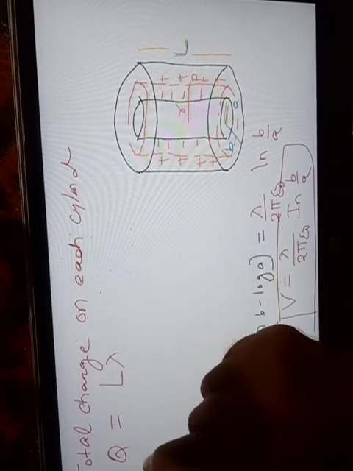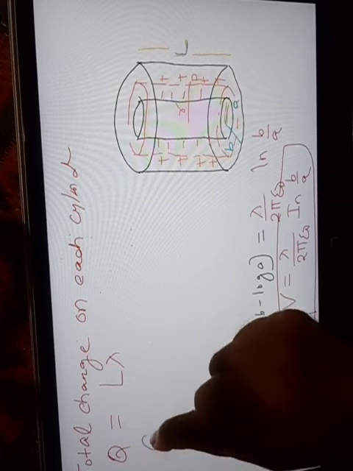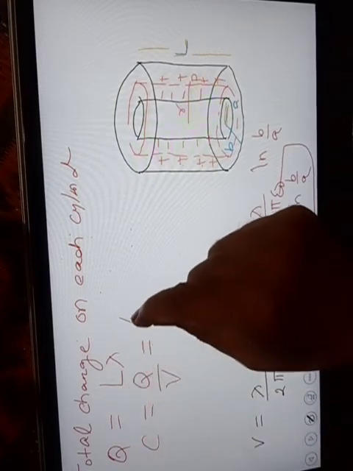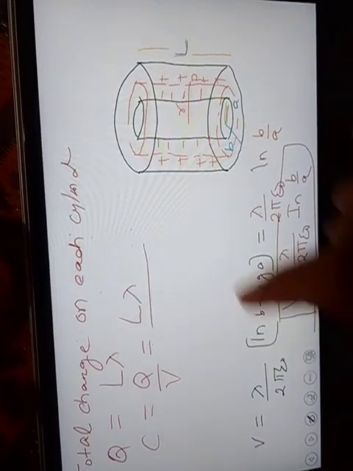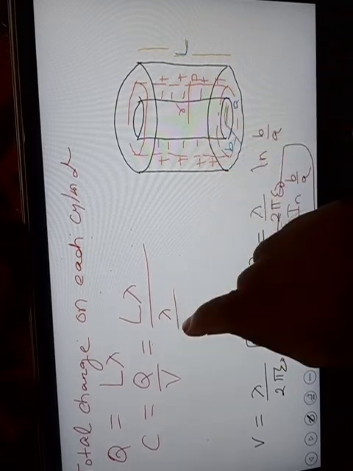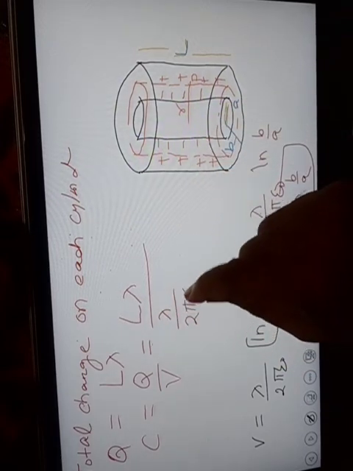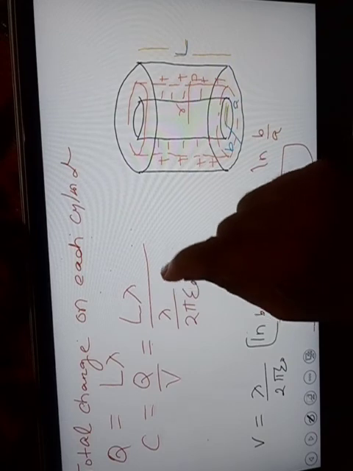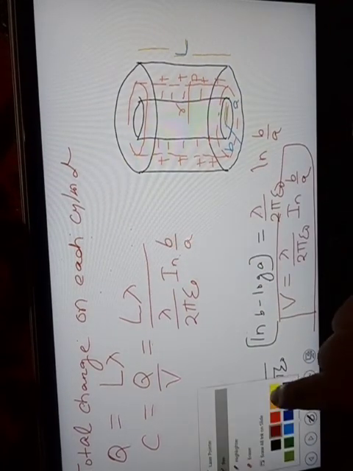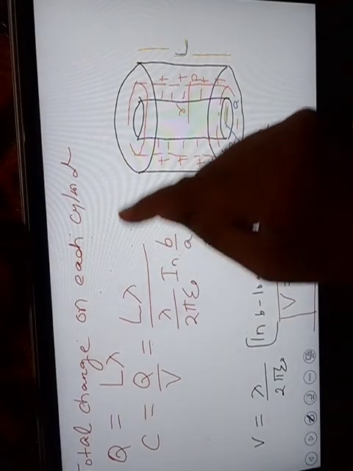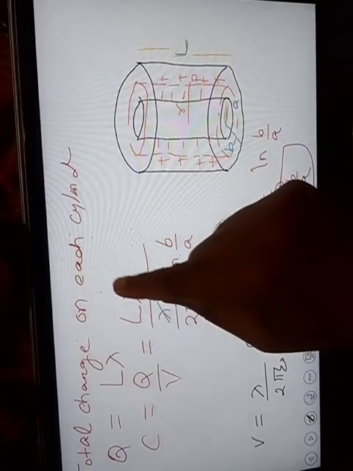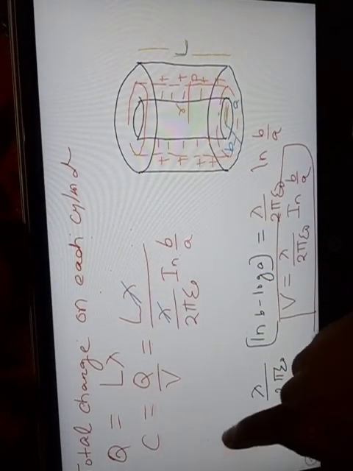And we know capacitance C is equal to Q by V. So Q is L lambda, and the V value we got is lambda by 2 pi epsilon 0 log B by A. Now you see lambda can be cancelled.